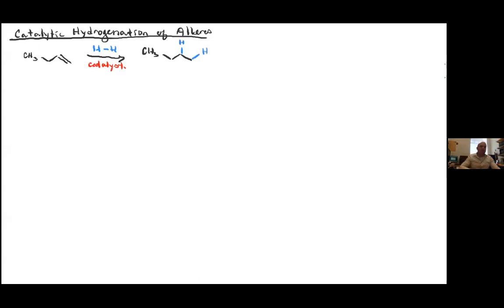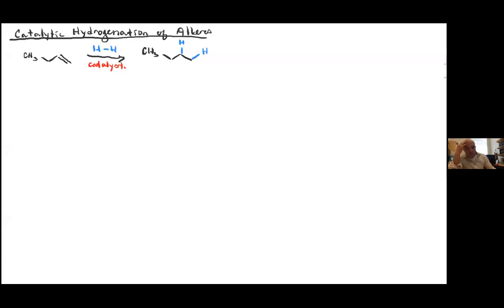Okay. Very useful transformation because alkenes are sort of orthogonal in terms of their reactivity to a lot of functional groups. They're easy to make, and then ultimately you can reduce them to get an alkane.